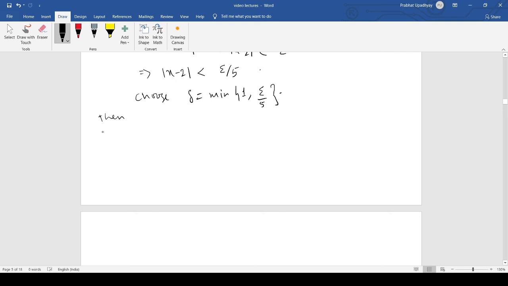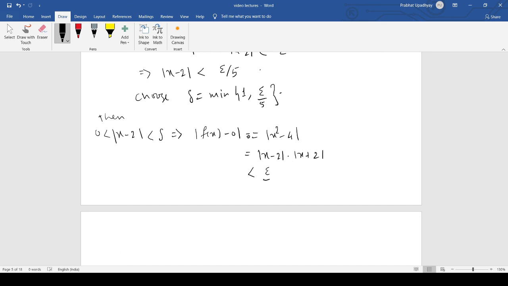So what I will have, 0 less than mod x minus 2 less than delta will imply now mod f of x minus 0, which was equal to mod x square minus 4, and this was equal to mod x minus 2 into mod x plus 2. Since we have assumed delta to be minimum of 1 and epsilon by 5, mod x minus 2 is less than epsilon upon 5.